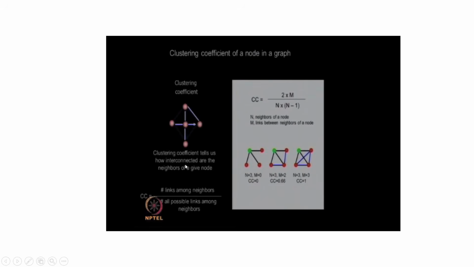It tells how interconnected the neighbors of a given node are. Here, there is no interconnection between the neighbor nodes. That's the reason this clustering coefficient is 0. Whereas here, it is completely interacting, each and everything is cross-reacting with each and everything. That's the reason it is 1. So it tells us about the interconnected neighbors of a given node.